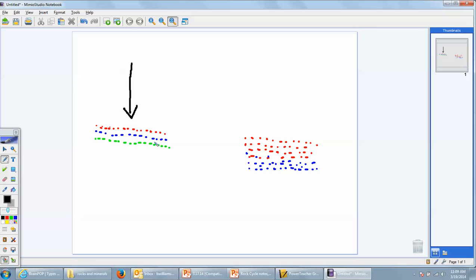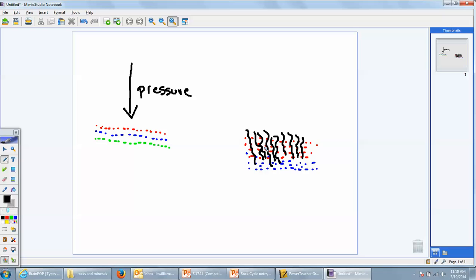That's compaction. Cementation, on the other hand, let's just write pressure here. Cementation, on the other hand, over here, I still have my different types of sediment, but let's say it's raining over time and water starts to trickle down through all of this sediment, and it starts to pull out the minerals in it and form it into like a glue or a cement type substance.